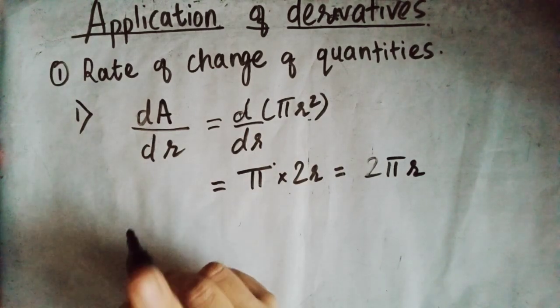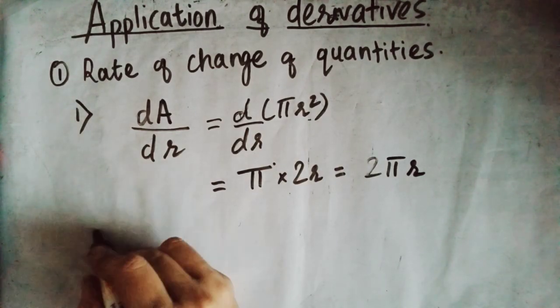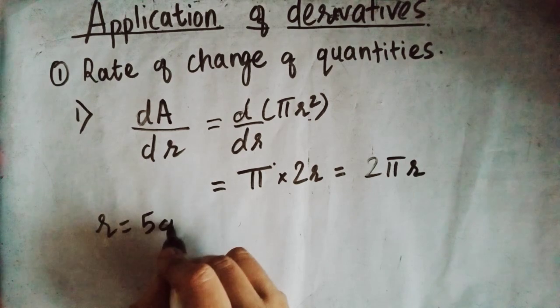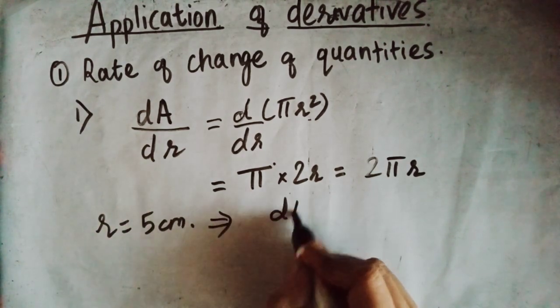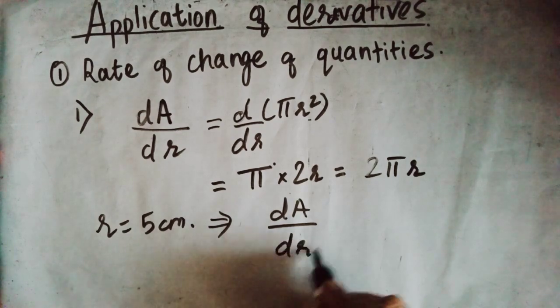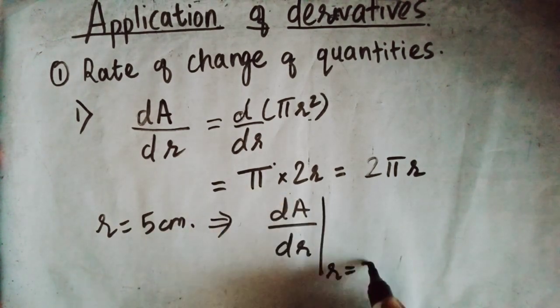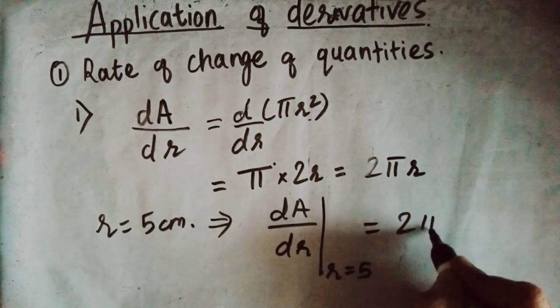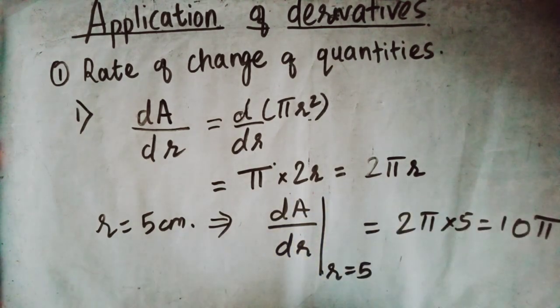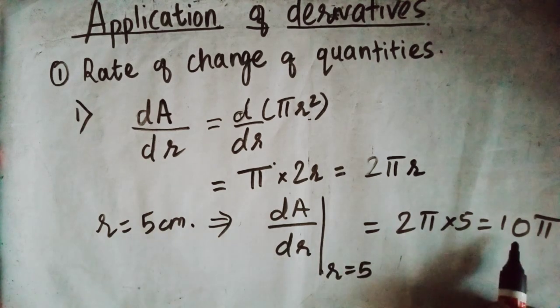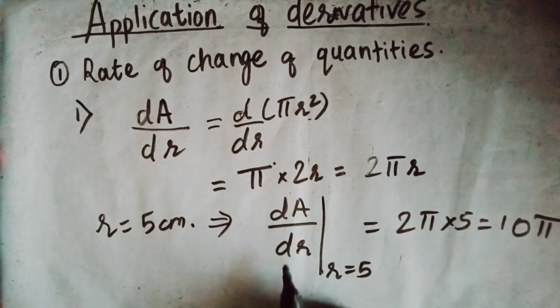Now here the radius is given, that is 5 centimeter. So the value of area changing with respect to r, you can write here r equal to 5, is 2 pi into 5, that is 10 pi. Now this is your area changing with respect to r.